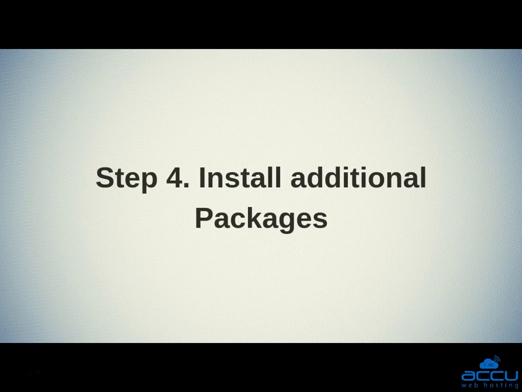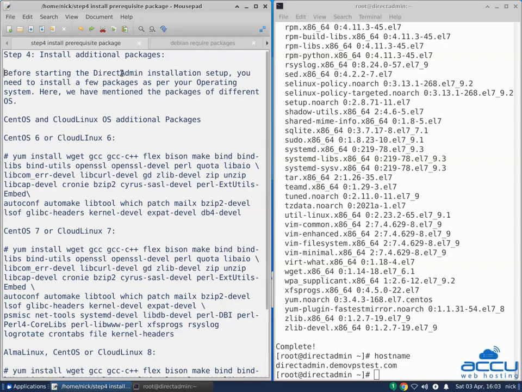Step 4. Install additional packages. Before starting the DirectAdmin installation setup, you need to install a few packages as per your operating system. Here, we have mentioned the packages of different OS. CentOS and Cloud Linux OS additional packages.